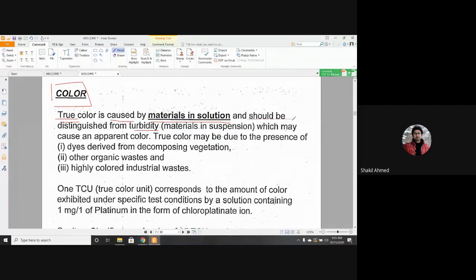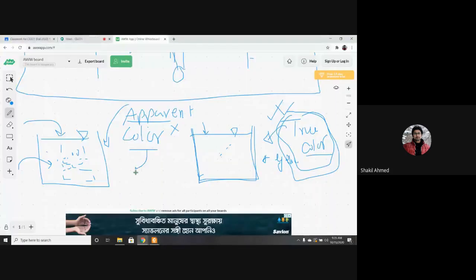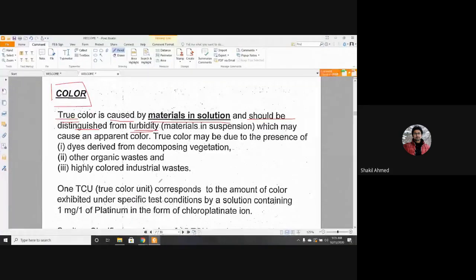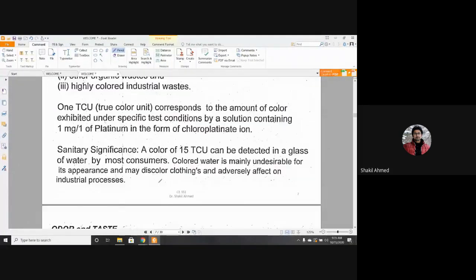It should be distinguished from turbidity. Apparent color comes from turbidity. The true color does not come from turbidity. It comes from dissolved or colloidal material or substances.